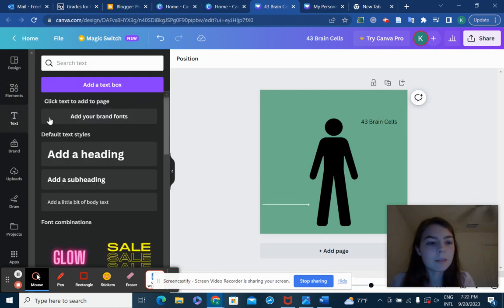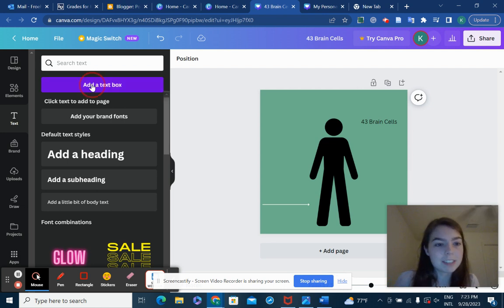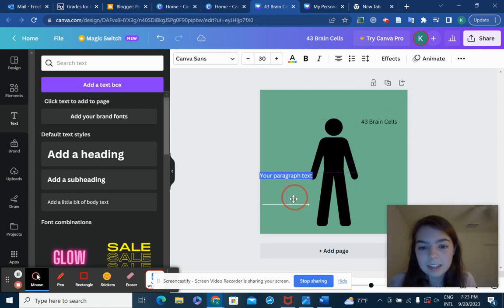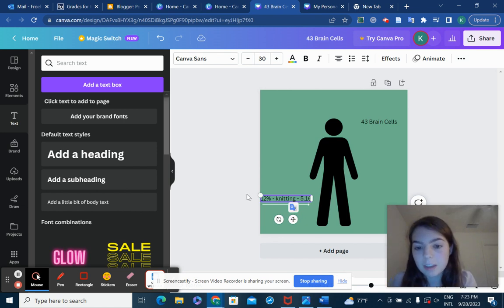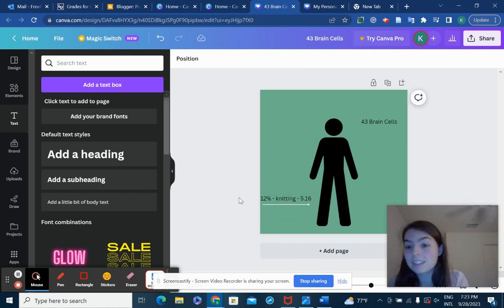And so I would say that starting from the bottom and filling up my person in terms of percentages, I would say that 12% of me is dedicated to knitting, and 12% of 43 is 5.16. So that would mean I'm using 5.16 of my 43 brain cells to think about knitting or to enjoy this activity.